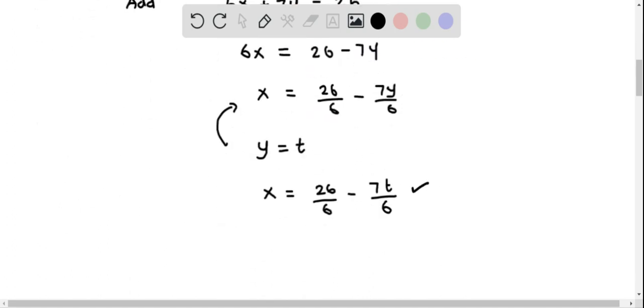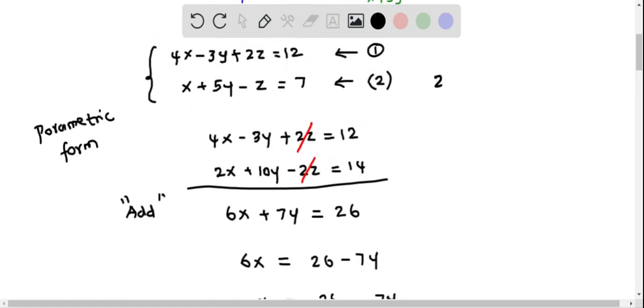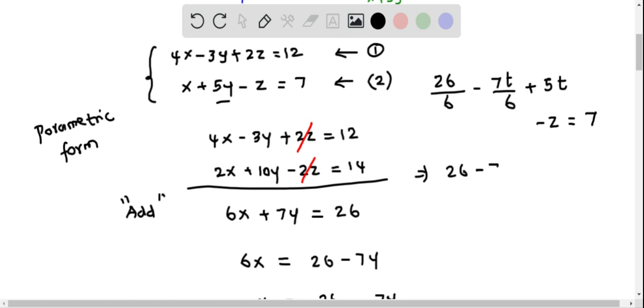So x equals 26 over 6 minus 7t over 6, plus 5y. So plus 5, y is t, so I replace this as t, minus z equals 7. Let me multiply all the terms by 6 so that the fraction is removed. So this implies we will have 26 minus 7t plus 5t times 6 is 30t, minus 6z.